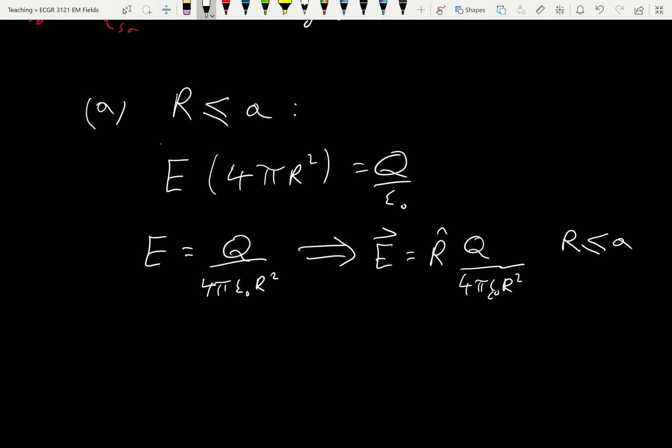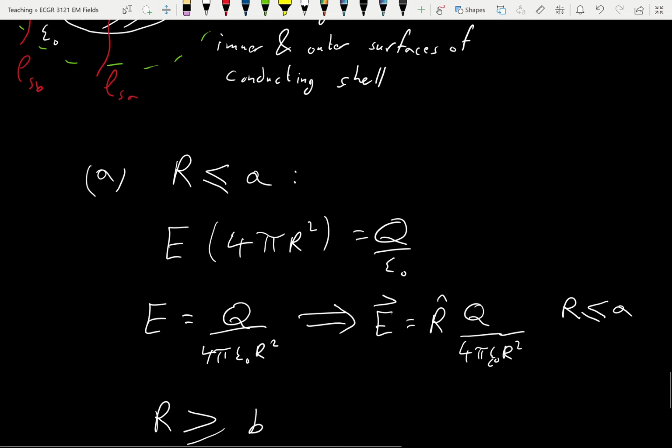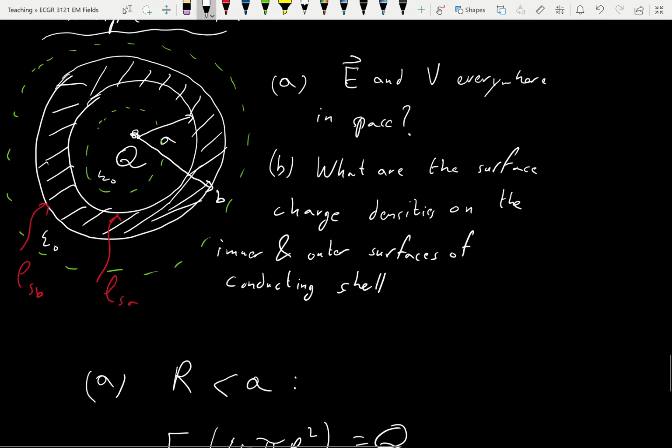What about r larger than or equal b? Let me simplify things. Let me say r less than a. I don't want to worry about the surface at this point. Okay, now here's the key insight for this problem.